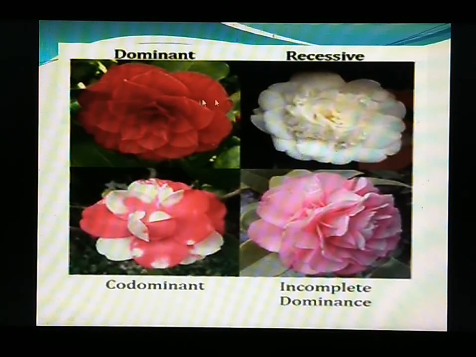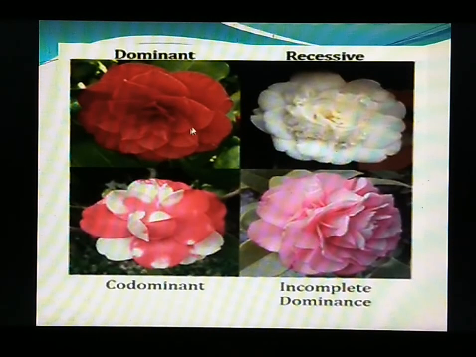See, when two flowers, red and white, are crossed, we get pink flowers, indicating incomplete dominance. Why? Because it is not complete. Red flowers are not completely dominant over the recessive white flowers. That's why an intermediate color is obtained here, so we call it incomplete dominance.